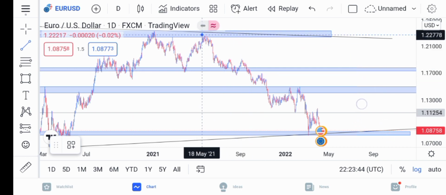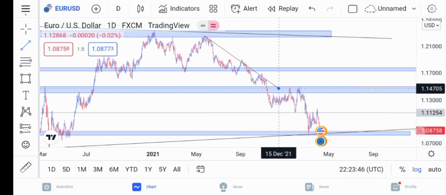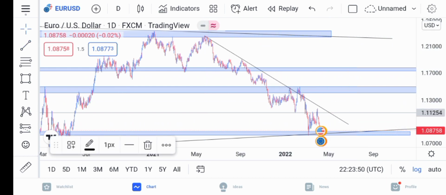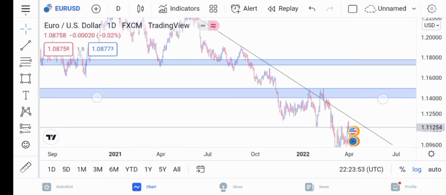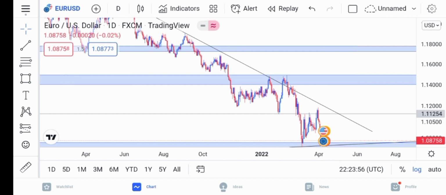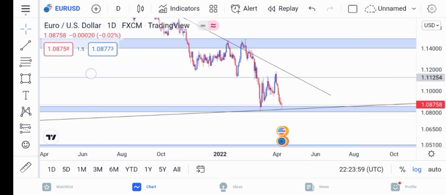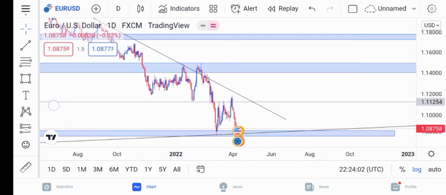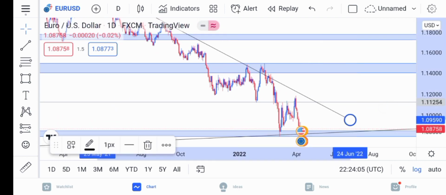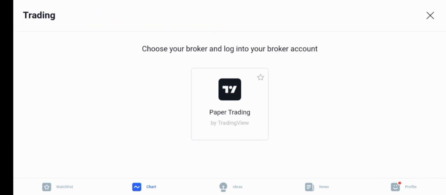So on Euro USD, we had a push to the side happening over there. So currently I'm catering for most of the touches. We had a push to the downward side, and this trend line that I've drawn right now, the dotted line one, seems has been respected a lot.